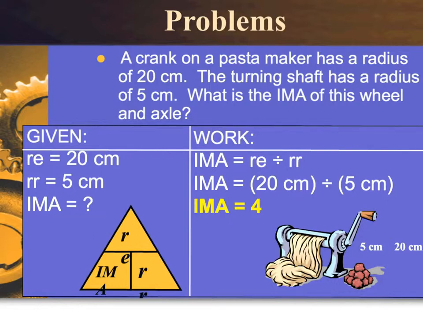Well, remember that the ideal mechanical advantage formula is the effort radius divided by the resistant radius. Now, the effort radius was 20 centimeters and the resistant radius was 5 centimeters. 20 divided by 5, and we would have an ideal mechanical advantage of 4.